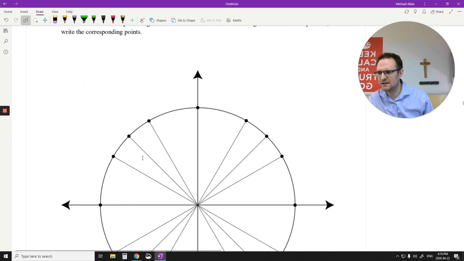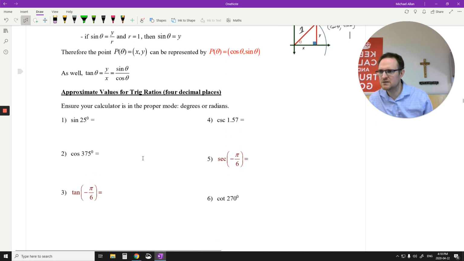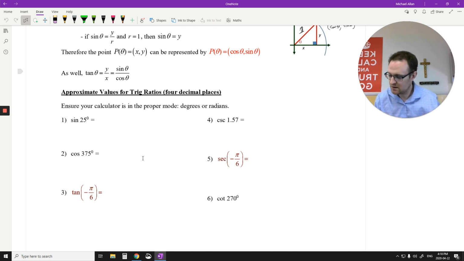Now, you can also find these approximations in your calculators. If they're not on the unit circle, I don't expect exact answers for the ratios. So like 25 is not one of our numbers that are on the unit circle, like 30, 60, 90, etc. So just punch in your calculator, making sure that you're in the right mode.